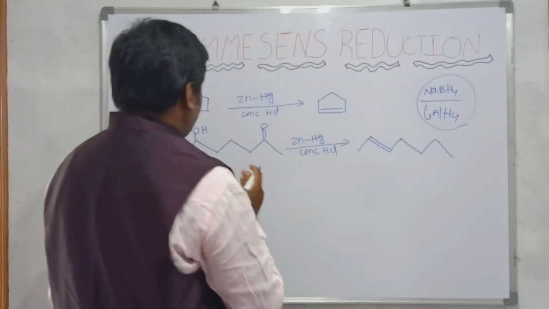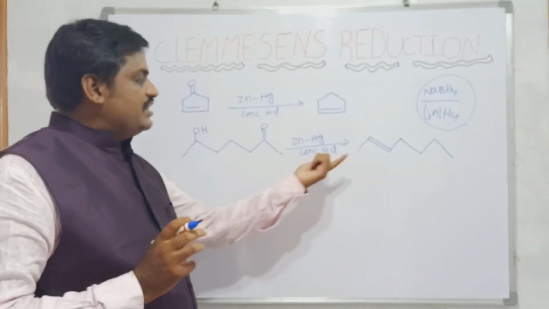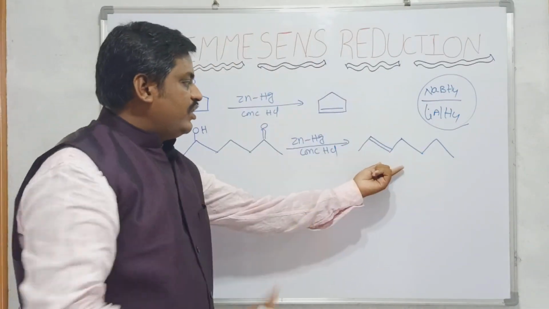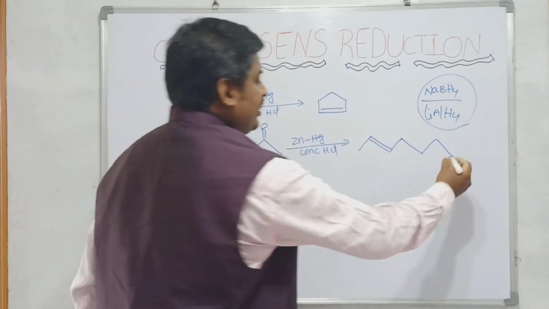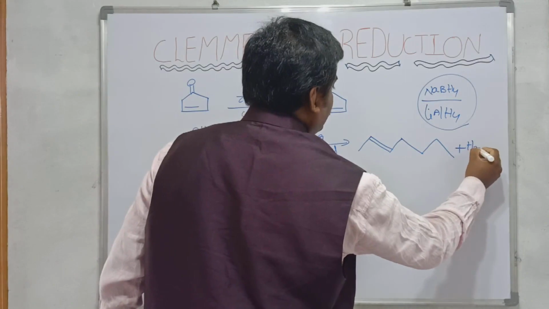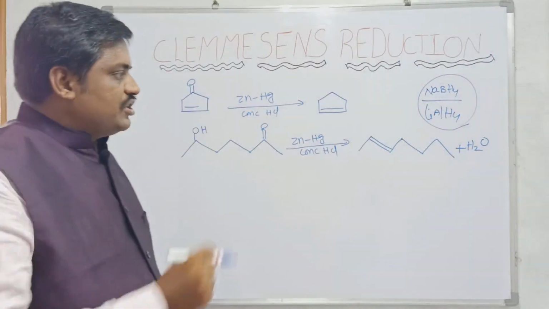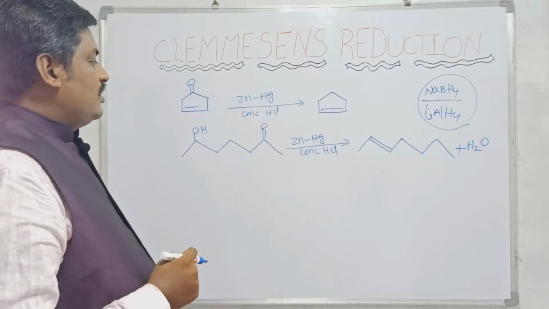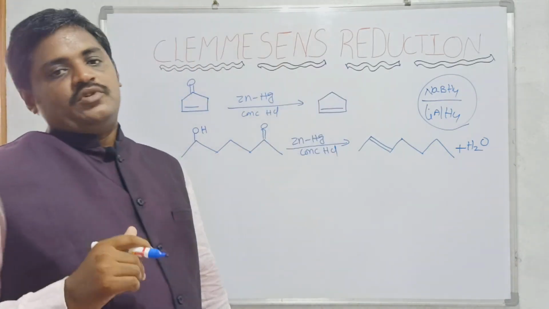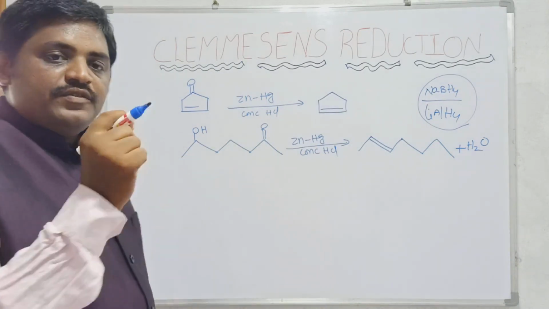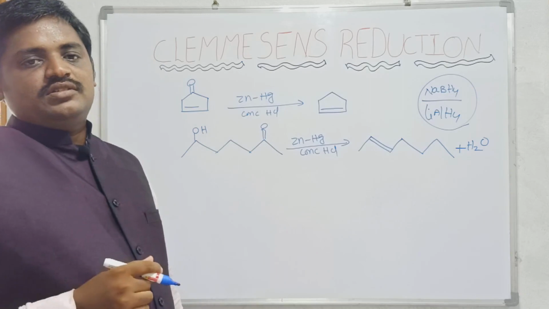This delta hydroxy keto compound is completely converted to an unsaturated hydrocarbon with one water molecule eliminated. This reaction involves a dehydration process, so it is one of the best examples of dehydration reactions.